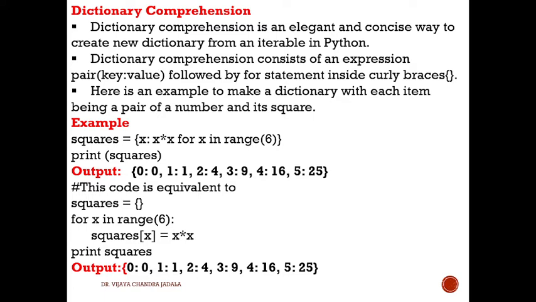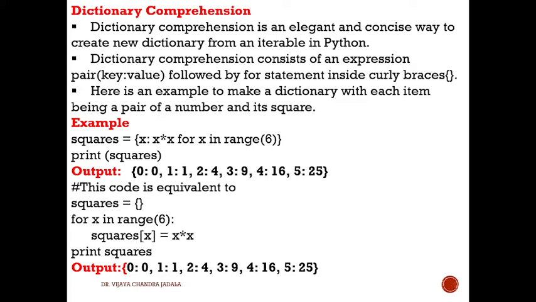Here is an example to make a dictionary with each item being a pair of a number and its square. Example is given here, and it will print the number as well as its square within the range of 6. That means 0, 1, 2, 3, 4, 5.